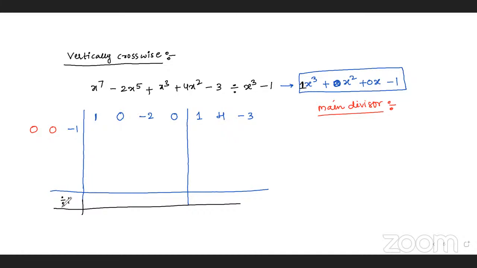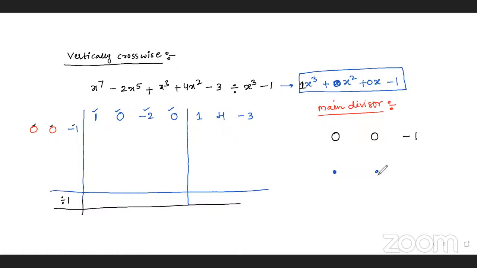Okay. Now see how to use the Paravarthya Sutra, I mean vertical crosswise, here. Now see here 1, 2, 3. That means we have 3 digits. After that, see this one, 1, 2, 3, 4. So 4 digits will come here.